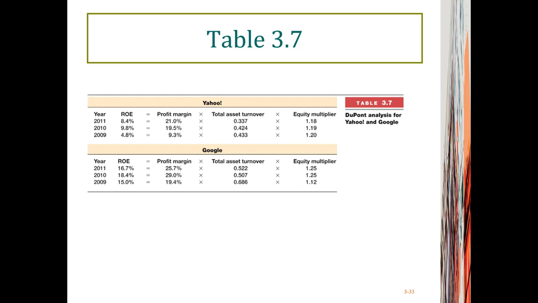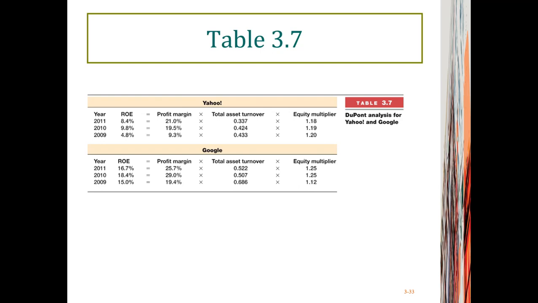So the implication here is, if Yahoo needs to catch up with Google in the future, they need to figure out a way in its daily asset management. They need to figure out a way to better manage their cash, their inventories, their total assets, and so forth. There's a big gap to catch up relative to Google.